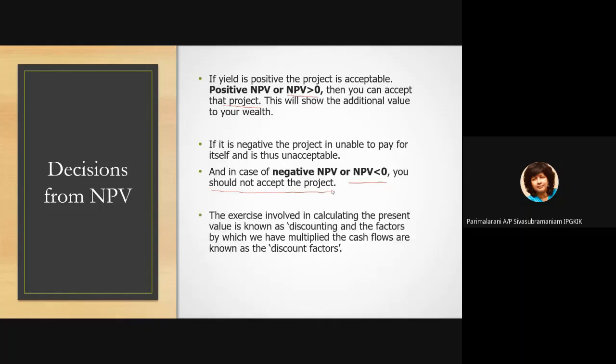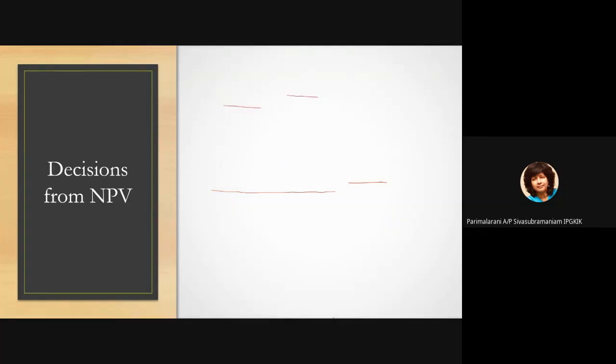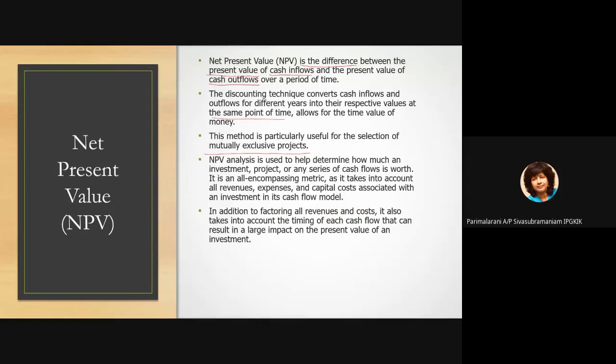Okay. So the exercise involved in calculating the present value is known as discounting, and the factors by which we have multiplied the cash flows are known as discount factors. So to go back, the most important thing that you have to know here is this: the net present value is the difference between the present value of cash inflows and the present value of cash outflows over a period of time.